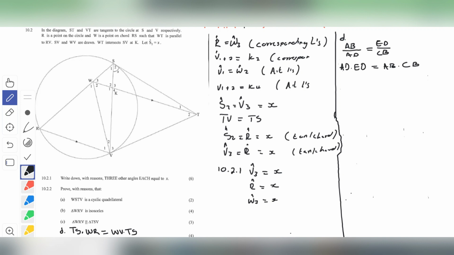And the following question requests you to prove like TS multiplied by WR is equal to WV multiplied by TS. What you are going to do, you are going to use the triangles you proved, meaning you're going to use those two triangles that you proved.